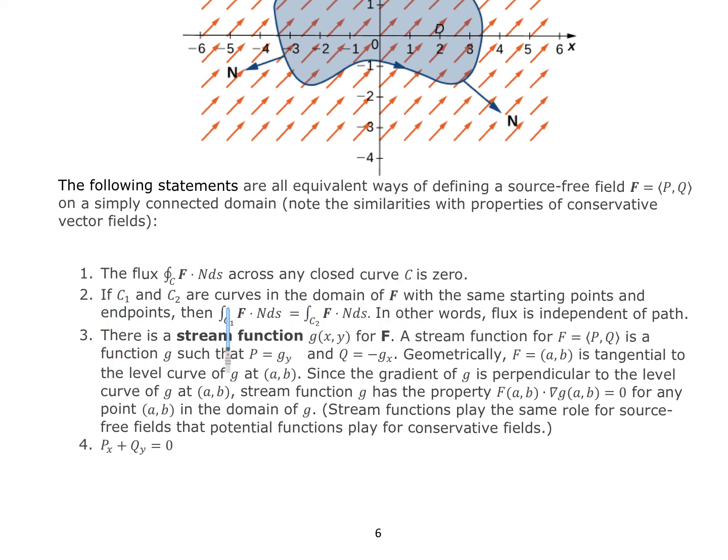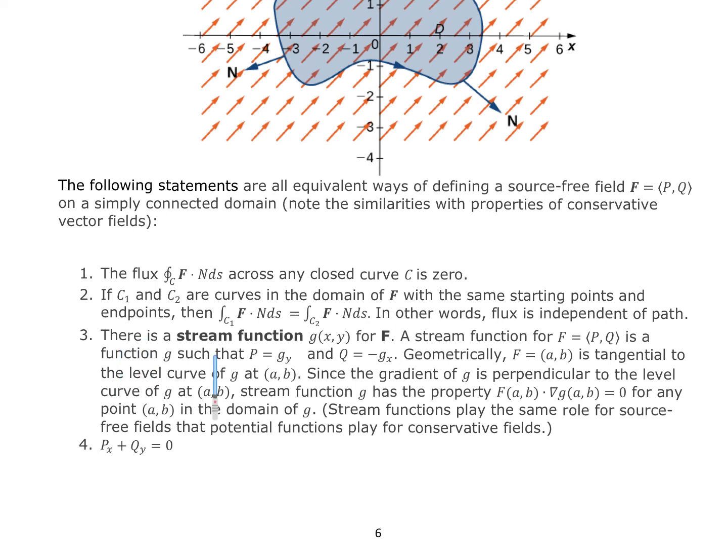If C1 and C2 are curves in the domain of F with the same starting points and ending points, then the integral over C1 of F dotted with n ds is equal to the integral over C2 of F dotted with n ds. So in other words, the flux is independent of path.